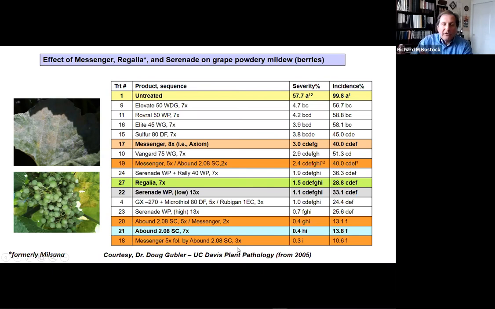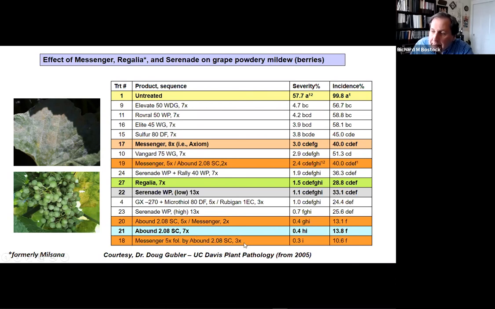And the reason I show you this is because this would not be something you could do in organic production. So you'd have to get rid of the Abound. I believe Messenger, or Axiom, is registered for organic production, at least in some parts of the country.